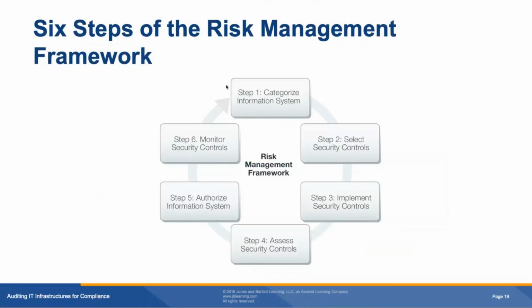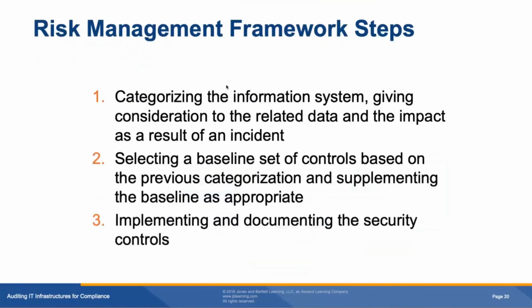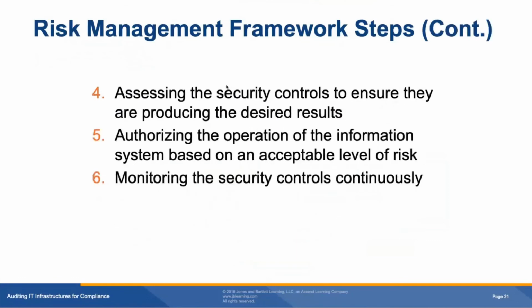I categorize it, right? High value, low value. I select my controls. Remember, controls are anything that reduces risk. I implement the controls. I assess the controls. I authorize the system, and then I monitor it. And then I have a cycle. I do this over and over and over again to make the system more secure. Right? We don't need to go over that again. We went over it last chapter.